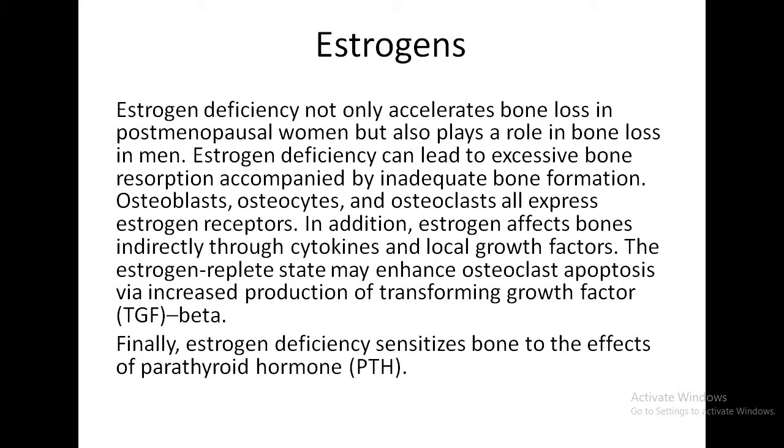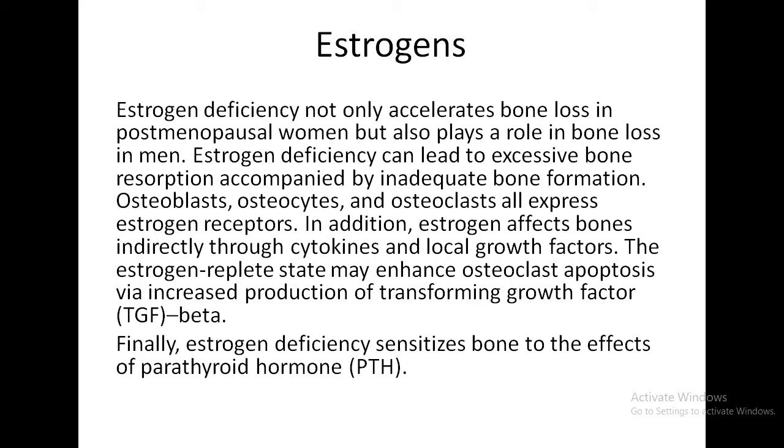So if the body is having enough estrogen, if estrogen is replete, it will enhance osteoclast apoptosis via transforming growth factor beta, TGF beta. And estrogen deficiency also sensitizes bones to the effects of PTH.